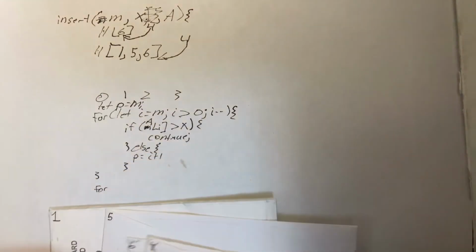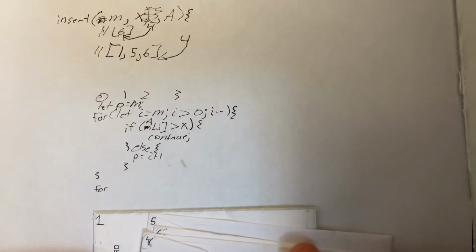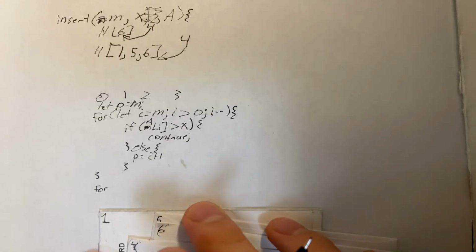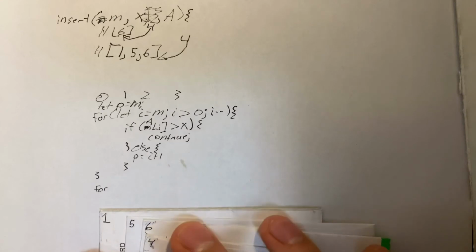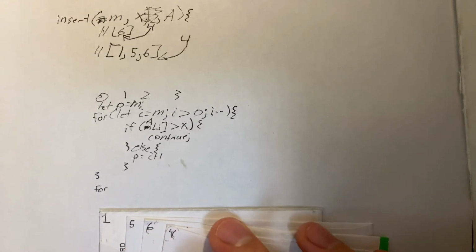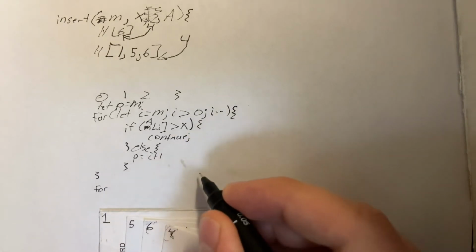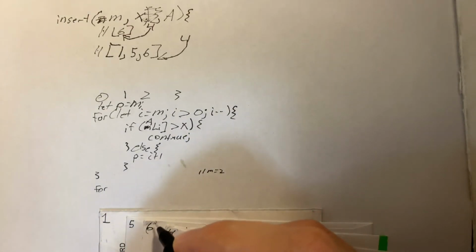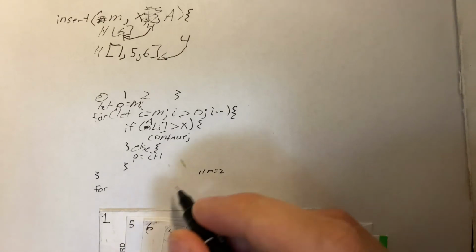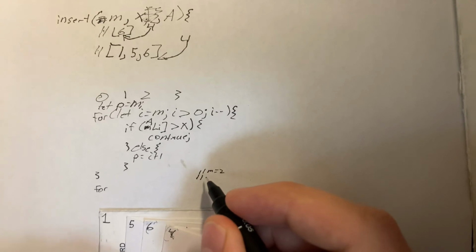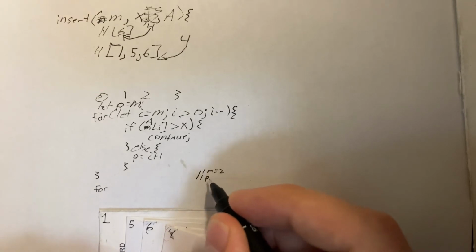So in our little example, we have that m is equal to 2, because that's the index of the rightmost element in the sorted spot, and we have that p is equal to 1.